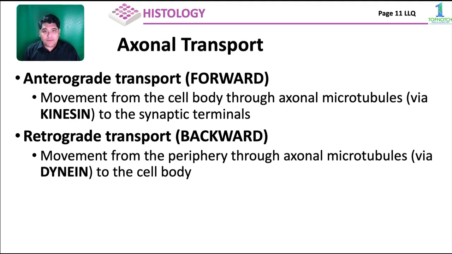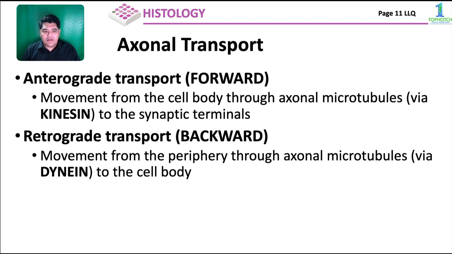Now, we have different types of axonal transport. Very important here is your anterograde transport or forward transport. So, ang involved here is your kinesins. Movement from the cell body through the axonal microtubules via your kinesin to the synaptic terminals or in the terminal button. Meron namang backward transport.